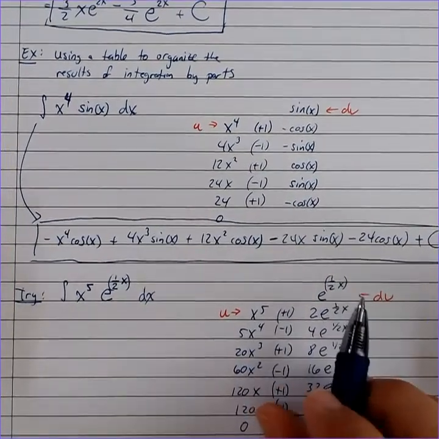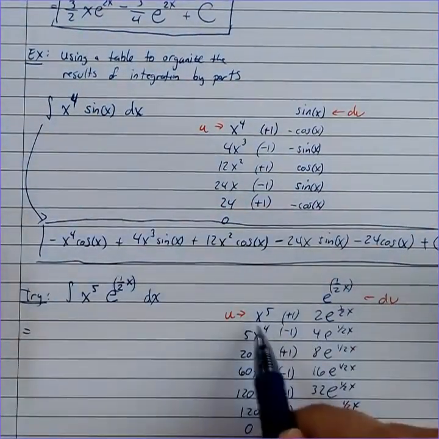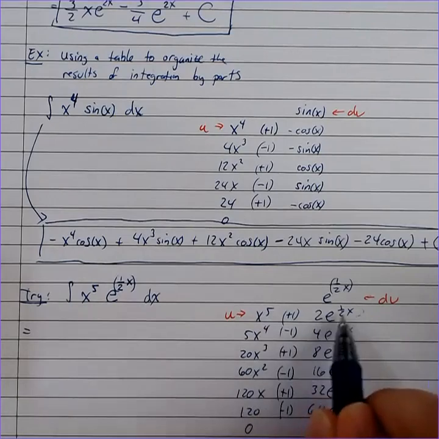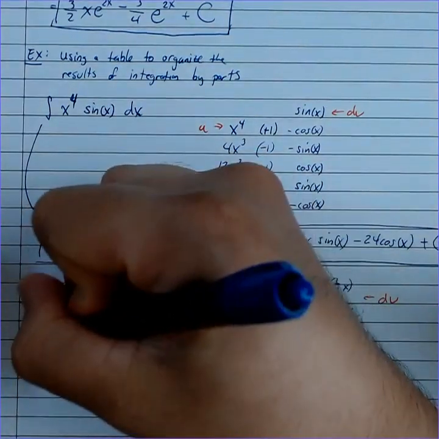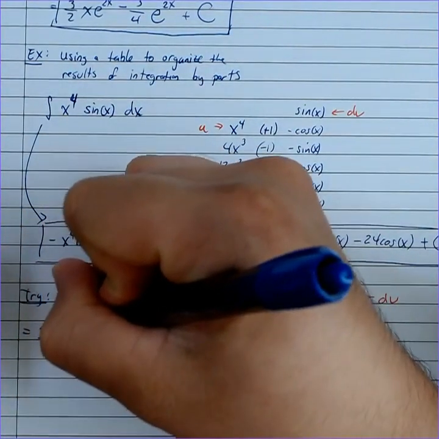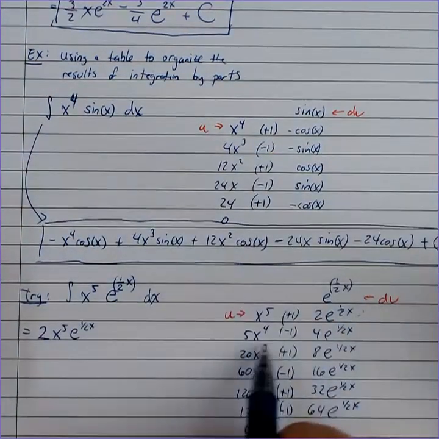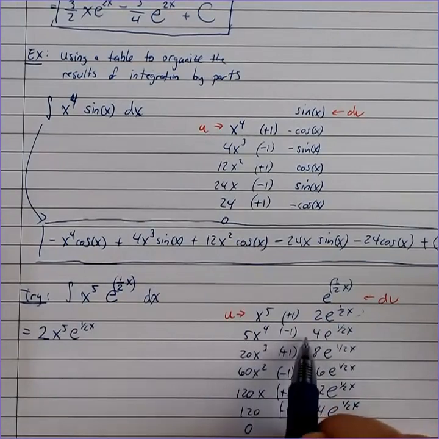Okay, so now we can write down our result. Take these and multiply them together. That's going to give us 2x to the 5th e to the 1/2 x. And then we're going to take this and multiply it together. Okay, so that'll give us 20 x to the fourth. Oh, but that's a minus.